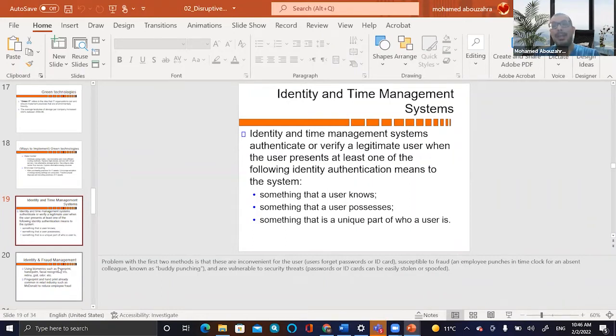So when to authenticate you, to make sure you are the right person coming into your workplace, or even using a PC at your job, there are three main ways that technology uses in order to authenticate you.